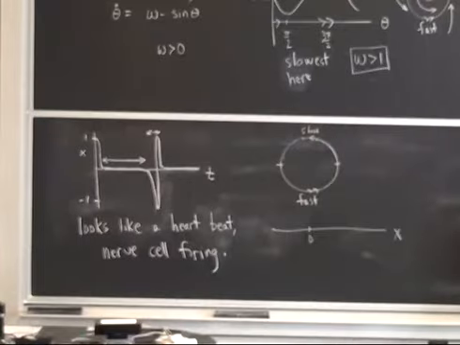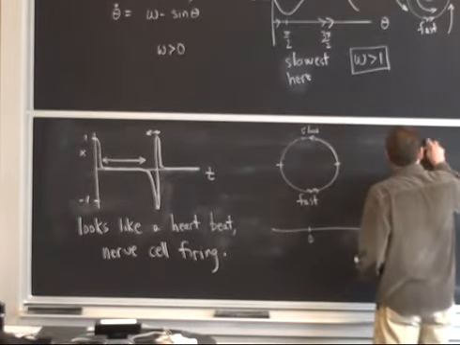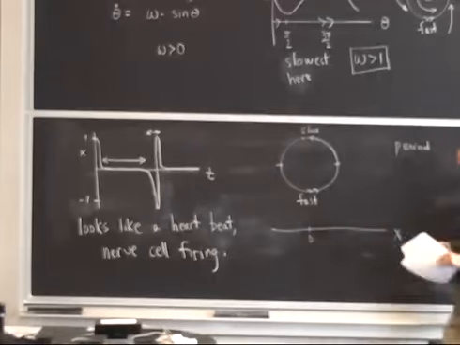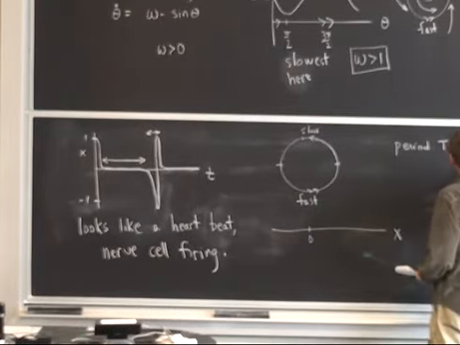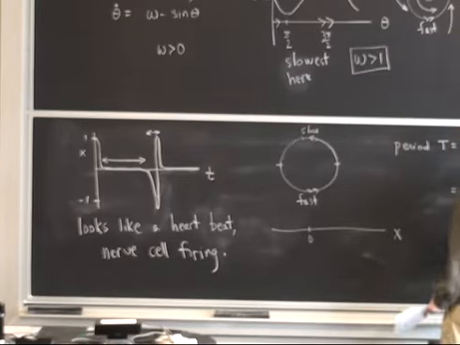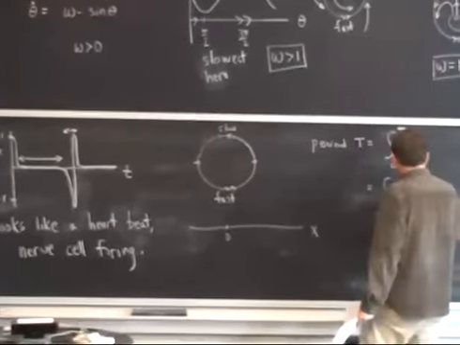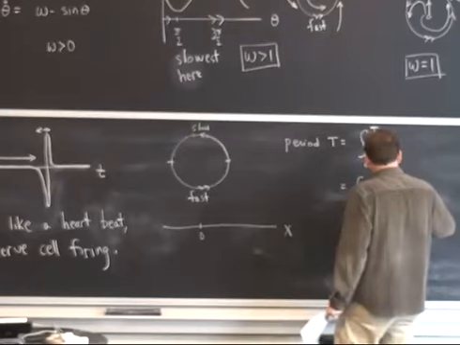It turns out we can calculate the period for this thing. Let's suppose we're still in this regime where omega is greater than 1, so we really do have a cycle. So the period T would be, we'd have to integrate dt from 0 to big T. And dt can be written in terms of theta dot by going d theta over omega minus sine theta.